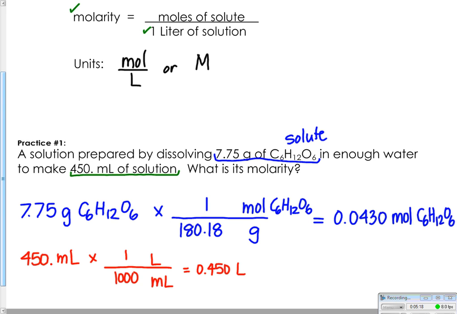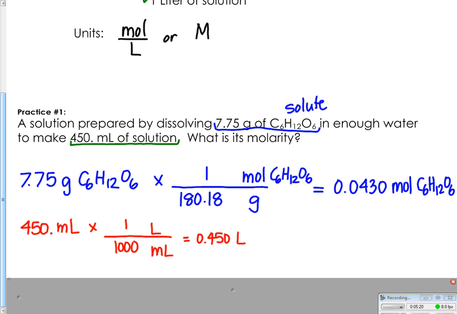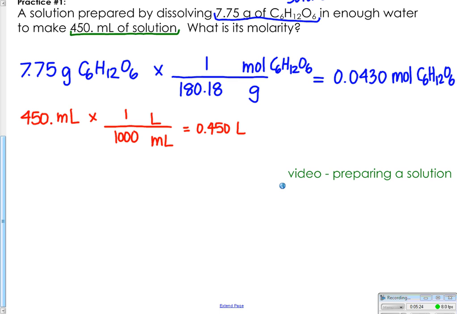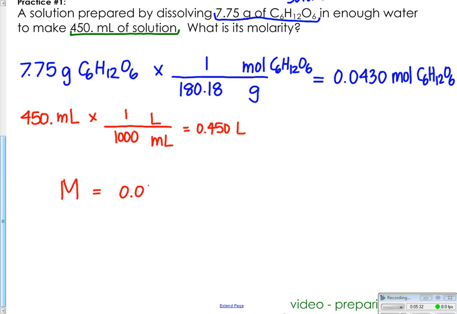Now to find our molarity, our molarity is going to be equal to our moles, 0.0430 moles, divided by our liters of solution, 0.450 liters.